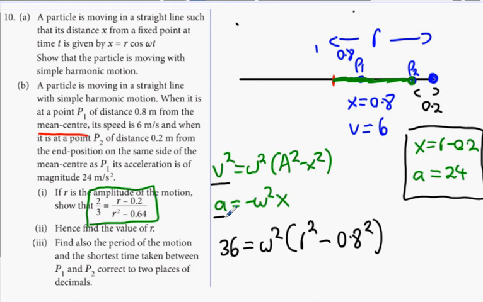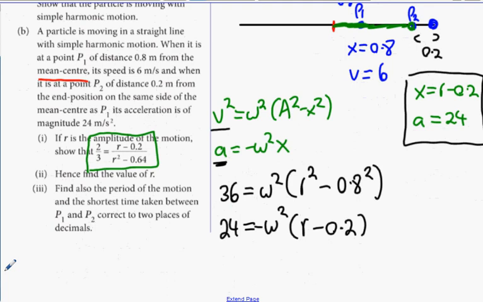What about the next equation involving this one here? What's the a value? 24. Omega squared, we don't know. Minus omega squared, we don't know. What's the x value? r minus 0.2. Now, what I'm going to do next is divide one by the other. We've seen this trick a couple of times already.